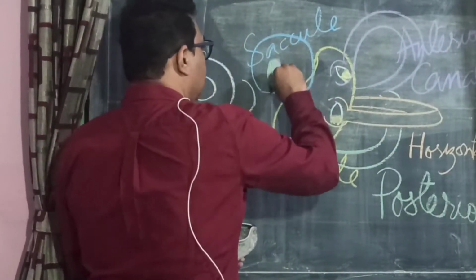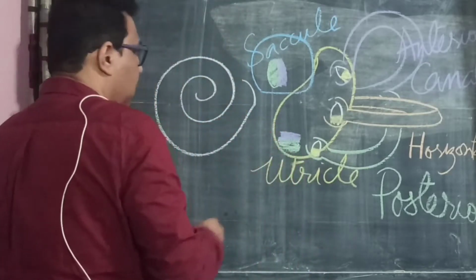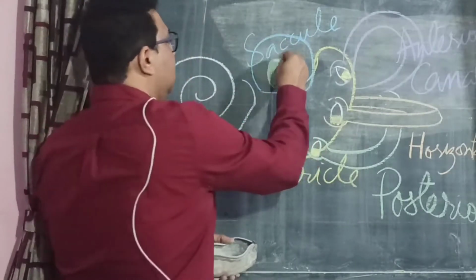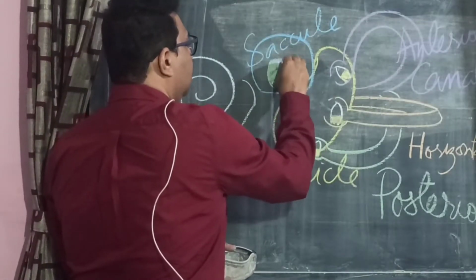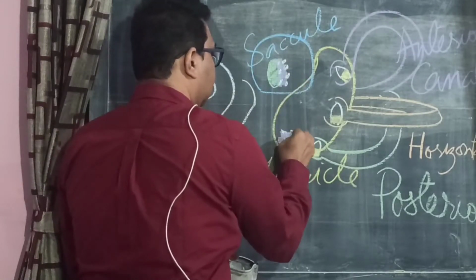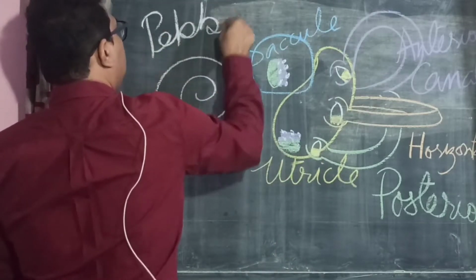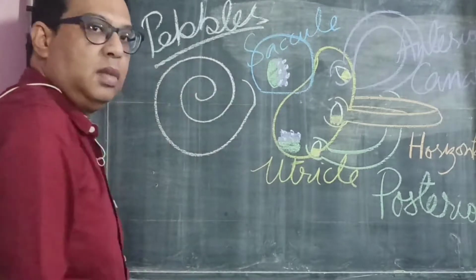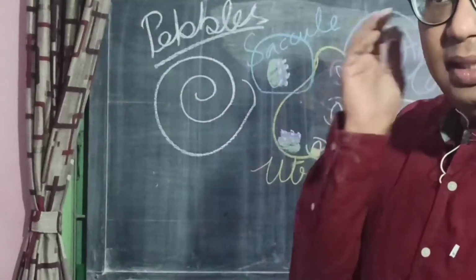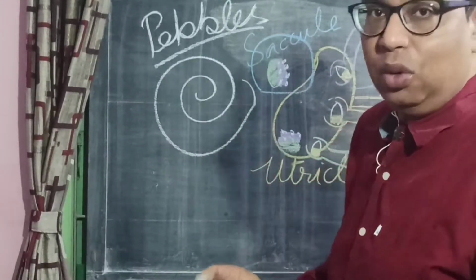Here the gelatinous substance is also present, and on top, interestingly, in the utricle and saccule, inside the gelatinous substance there are rocks, small pebbles, known as otoconia or otoliths, that is stones of the ear, oto pertaining to ear and lith pertaining to stones.